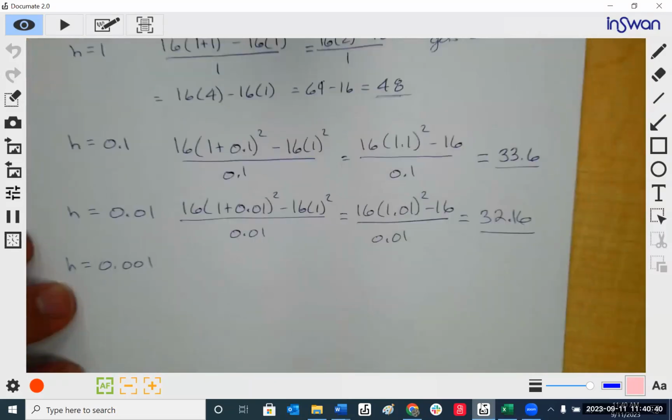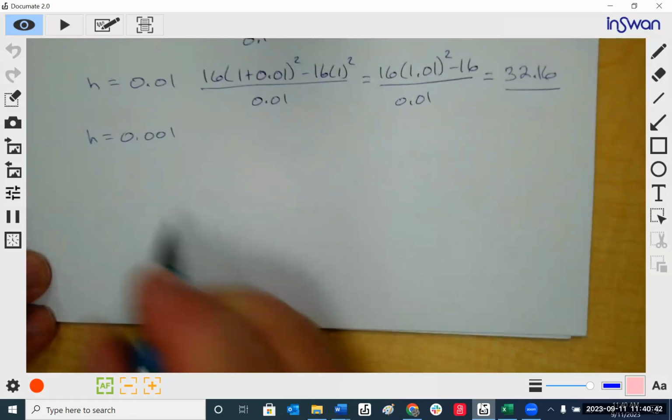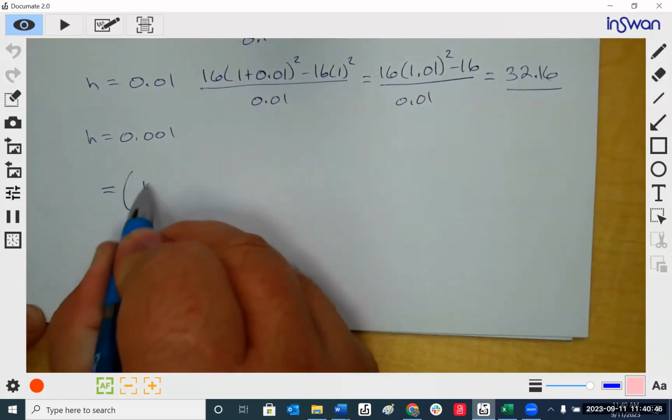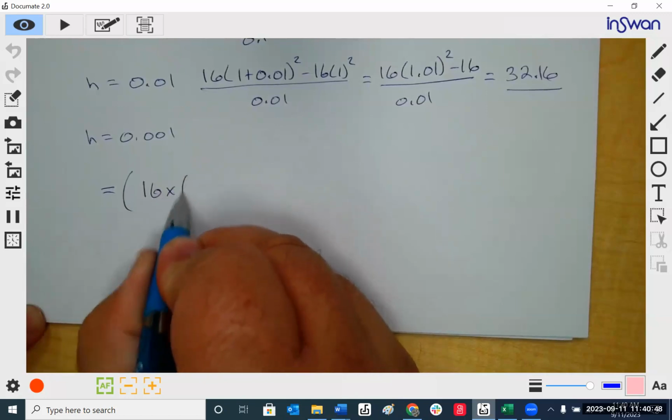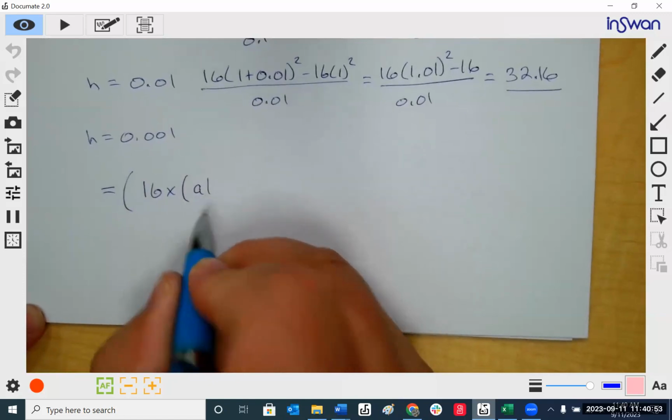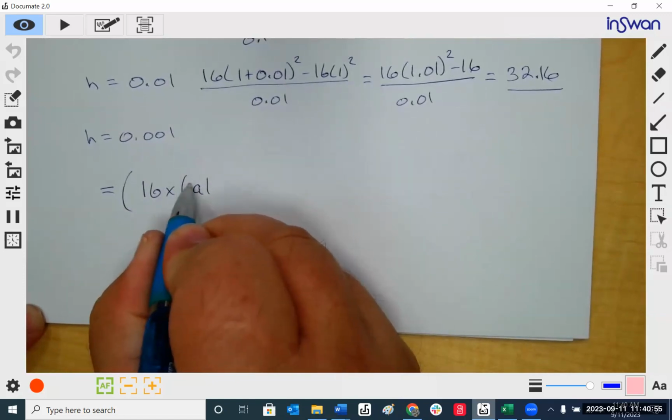So in Excel, what you have to do is equal sign. Now the top number, 16 times parenthesis, let's say A1, but this has to be a fixed number.